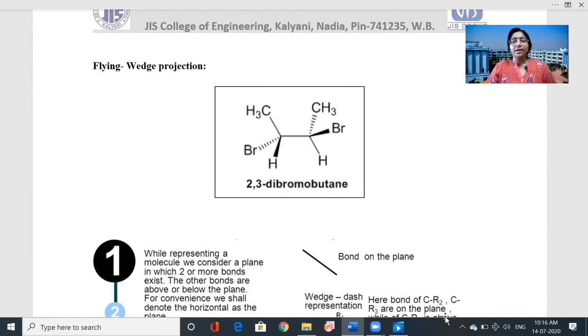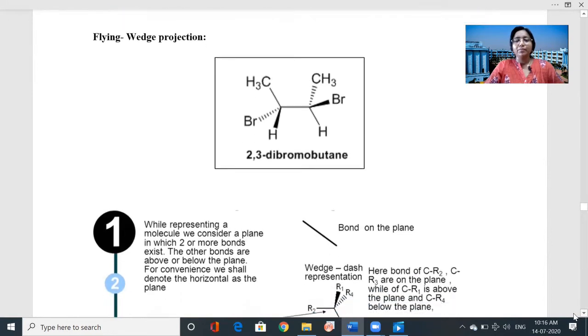In organic reactions, you have learned different types of reactions like SN1, SN2, and you have seen the nucleophile attacks from the backside, and then another nucleophile is removed. This type of reaction is possible only if all these are in the same plane. So how can we understand which groups are in which plane? We can understand it very well from the flying wedge projection.